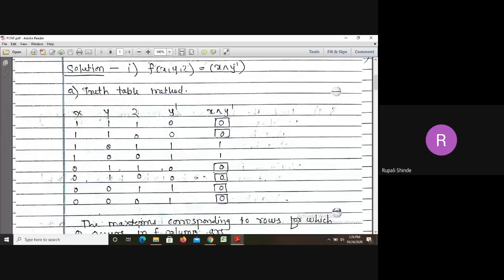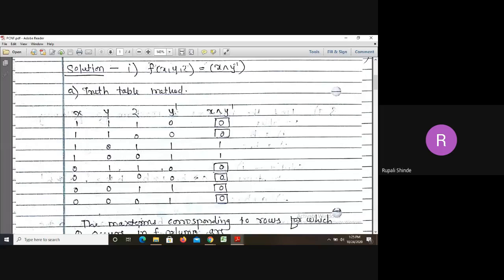Now, what does y's complement mean? 1 should be replaced by 0 and 0 by 1. So 1 1 becomes 0 0, and 0 0 becomes 1 1. Again we repeat it. The next one is x and y's complement, so we take the product of the x column and the y's complement column.